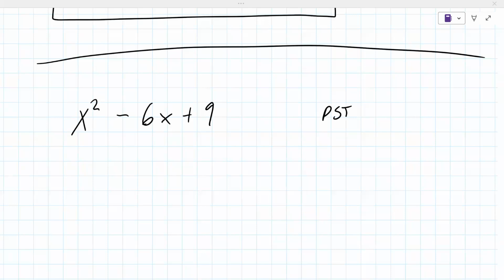That would be (x minus 3), and yeah, (x minus 3) and (x minus 3).